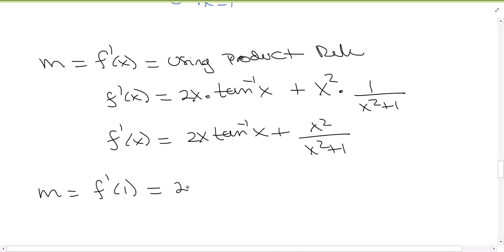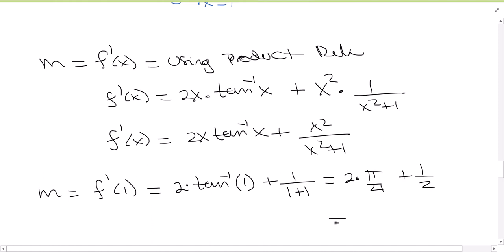So plug it in. 2 times 1 is 2, times inverse tangent of 1. We already saw that that's pi over 4, plus 1 squared over 1 squared plus 1. So what is this? I'm going to have 2 times pi over 4 plus 1 over 2. So what's that? Pi over 2. The 2 and the 4 reduce to give you 2 on the bottom, plus 1/2.